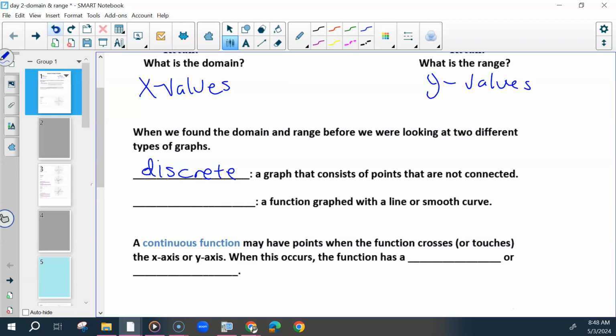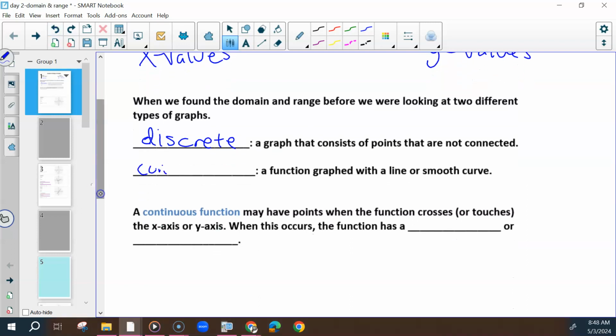And the other one is continuous, where it's a line that's connected or a curve that's connected. So all of your linear functions, your quadratic functions, exponential functions, those are all continuous graphs.